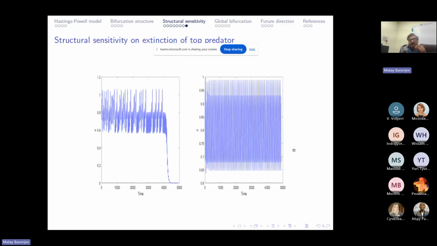And now, before going to the conclusion part, let me give you one more interesting scenario that we have checked by varying some of the other parameters, because up to this point the bifurcation structure is obtained by varying D2. So one can raise the question, if you slightly change another parameter D1, how it will affect the dynamics.